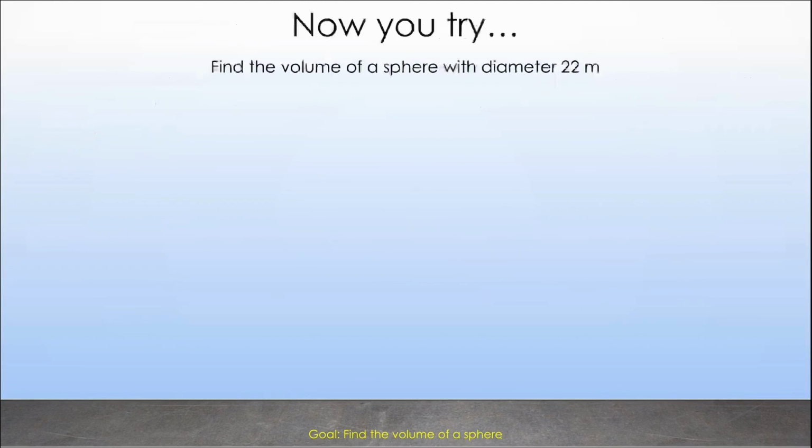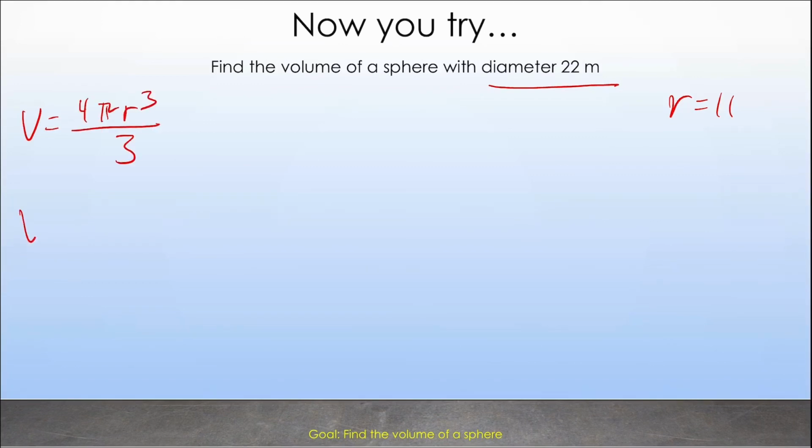Now you try. Find the volume of the sphere with a diameter of 22. Diameter is 22. That makes my radius 11. So volume is 4 times pi times the radius cubed divided by 3. We get 4 pi times the radius, which is 11, cubed divided by 3. We're just going to plug 11 in here.